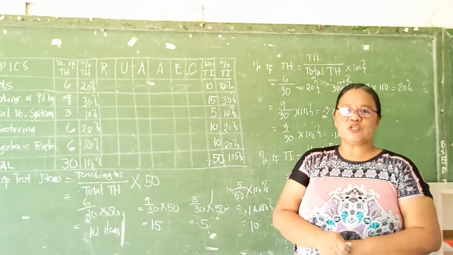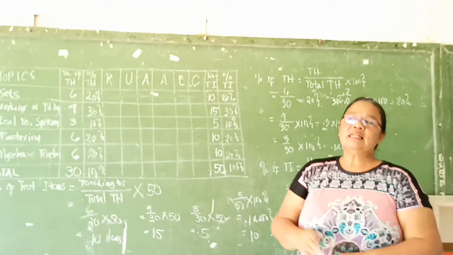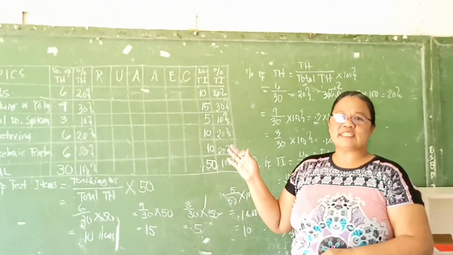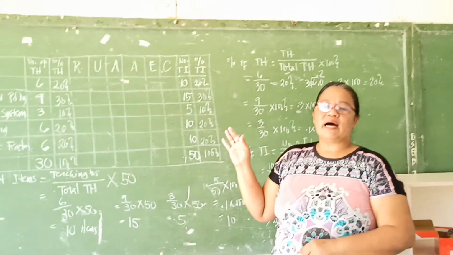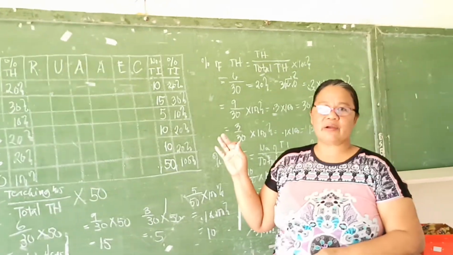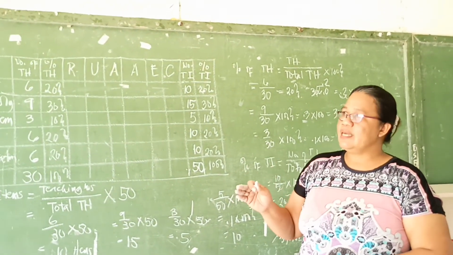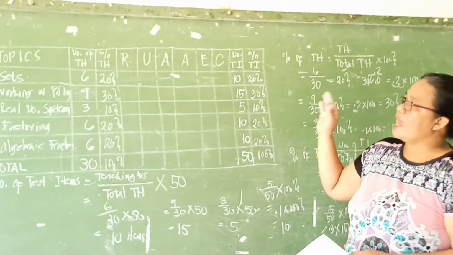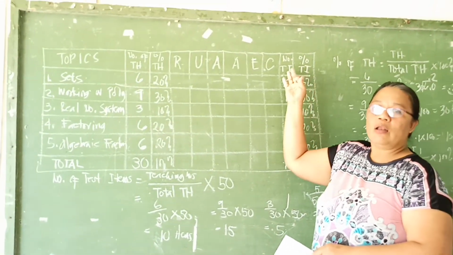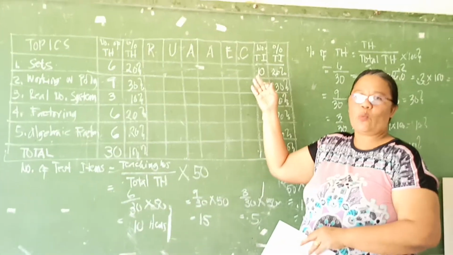So I hope, students, you'll really gain a lot from this little video of mine on how to prepare a table of specification. As a summary, you must first try to have 11 columns for a two-way grid TOS.